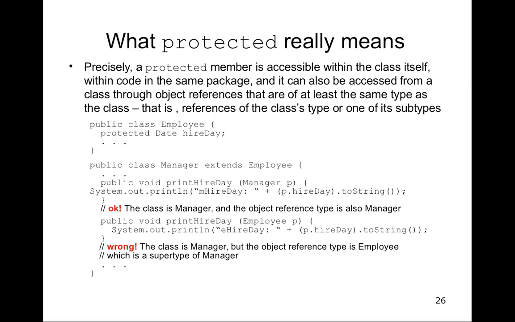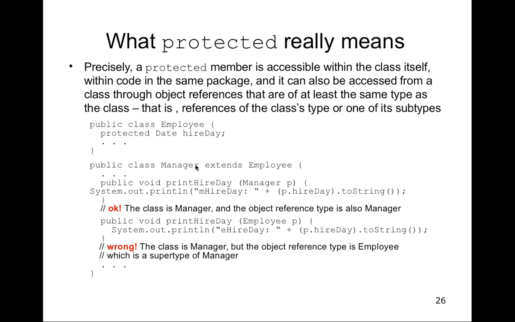It can also be accessed from an object reference that is of the class's type or one of its subclasses. To simplify the whole thing, it's private to everybody except public for inherited classes, which is where protected comes into place.